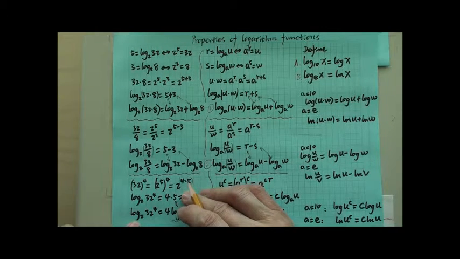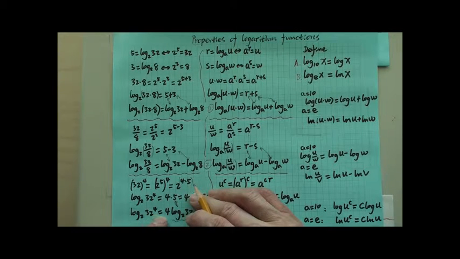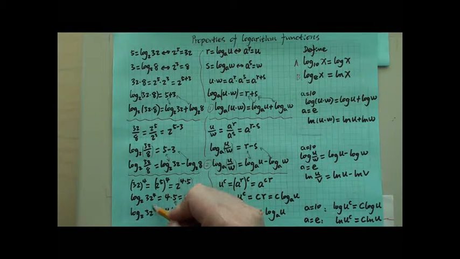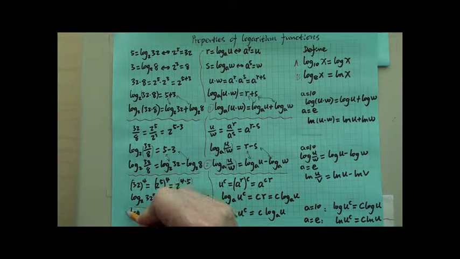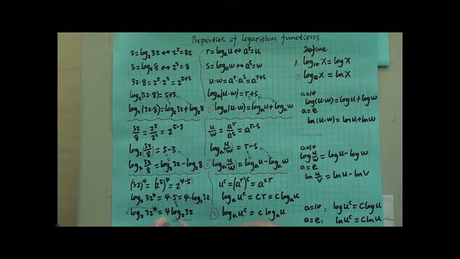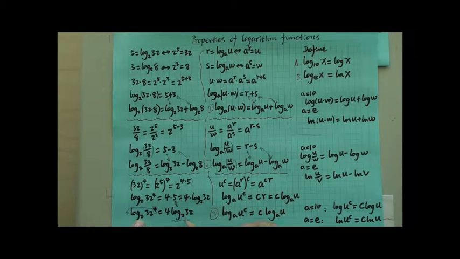Left hand side is log base 2 to the 32 to the 4th. Right hand side, you have a 4 in the front. So it looks like this 4 goes to the front, and the rest of them are the same. Log base 2, 32.